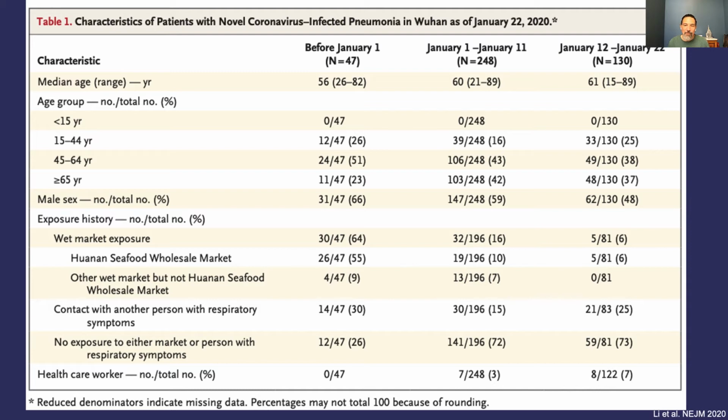And they also found that an increasing proportion of cases over time had either live animal market exposure, or had neither live animal market exposure nor exposure to a person with respiratory symptoms, suggesting the potential for asymptomatic spread. And finally, we begin to see evidence of early and increasing spread among healthcare workers who presumably were taking care of patients coming to hospital.